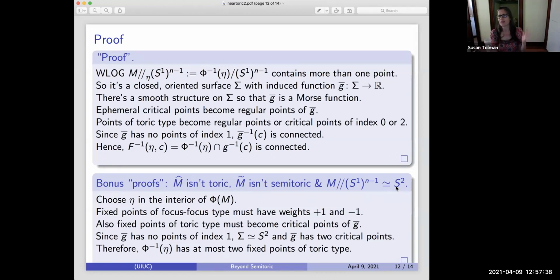If you think about it, it's more or less clear, but anyway, it's proved. And also, if you want to have connected fibers, you must have your reduced spaces be spheres, because you can't find a function on a surface that's not a sphere that has connected fibers if you want it to be generically regular. It's just not possible, right?